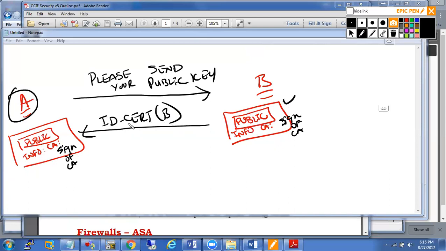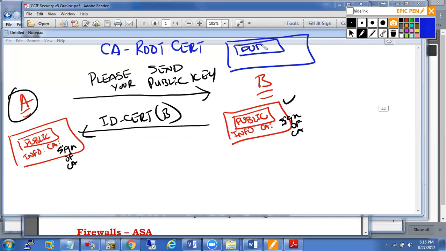The CA server also, by the way, has its own certificate, which is called the root certificate, which contains the CA server's public key, CA information, and it's self-signed by itself. This CA root certificate is downloaded and kept on where? On A. This is called the root certificate, or the CA certificate.